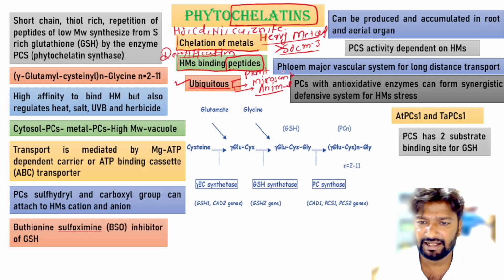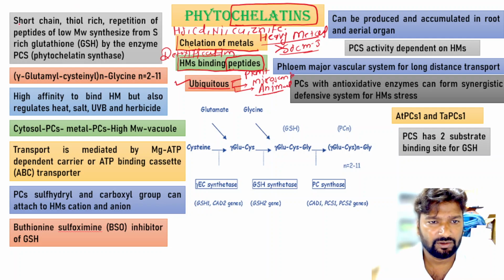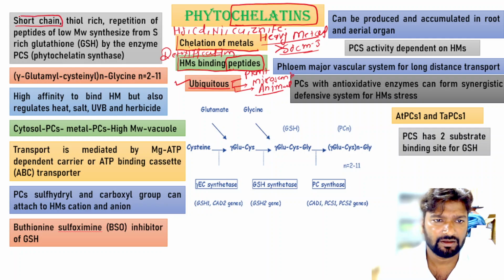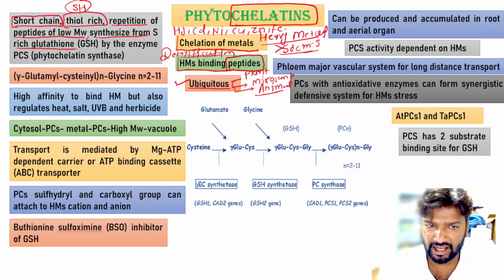Okay, next, these phytochelatins are short chains, thiol rich, meaning they are rich in SH groups, with repetition of peptides of low molecular weight synthesized from the sulfur rich glutathione by the enzyme PCS, that is known as phytochelatin synthase.